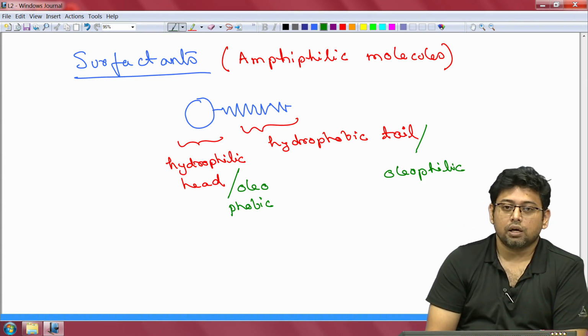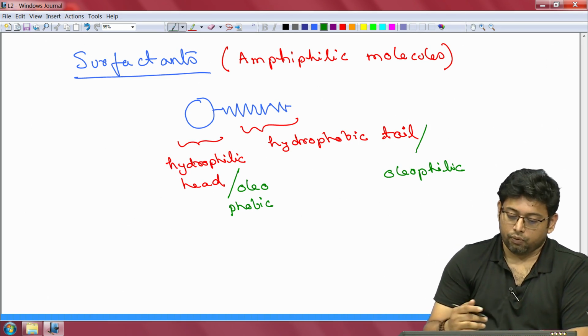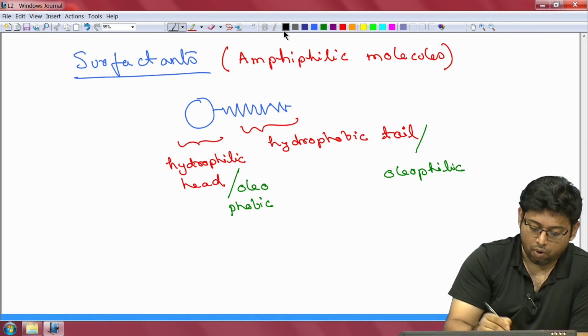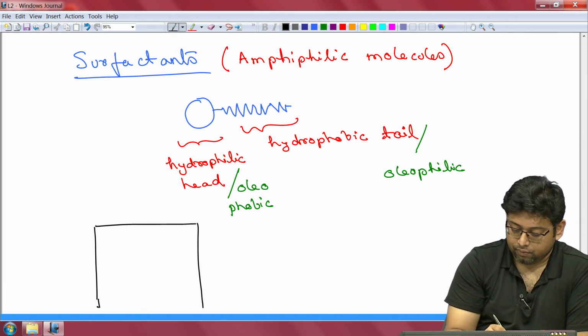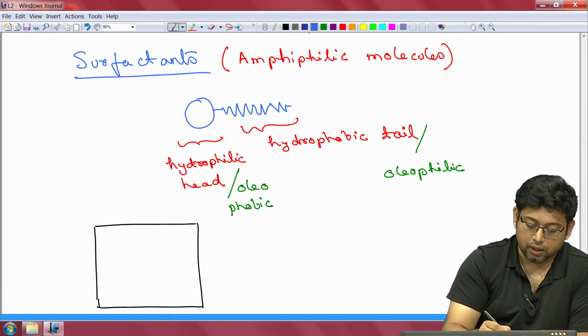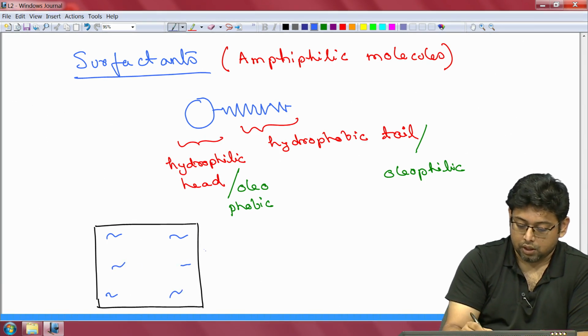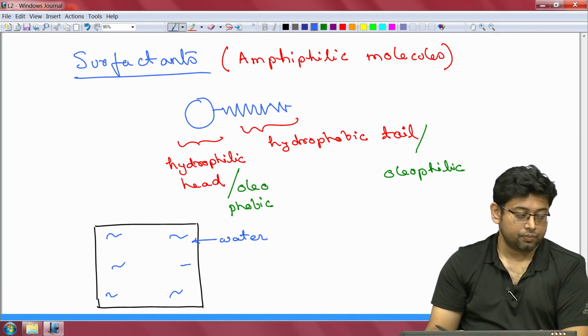So, how does this kind of a molecule actually end up dissolving in water? The way it happens is, let us maybe make a box. So, let us say we have water, this is water, and I will draw a cartoon.